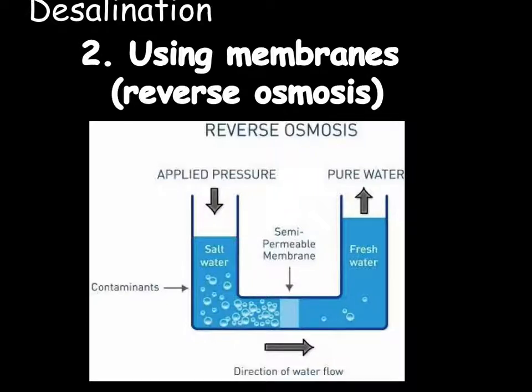By forcing it through this semi-permeable membrane, this allows the water through but prevents the salt from going through as well. It will also remove a large number of the contaminants. So we've got our salt water on the left-hand side of our semi-permeable membrane and then our fresh water on the right-hand side.